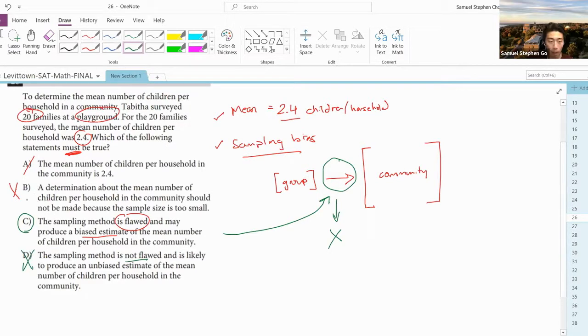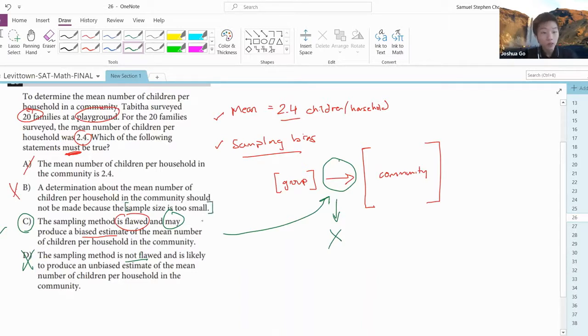And if we compare B and C again, B is very forceful. It's saying you cannot determine the mean because the sample size is too small, versus C, which says it's flawed and may produce a biased estimate. So this is a little bit better. I would like to add that B attributes this problem solely to the sample size being too small.